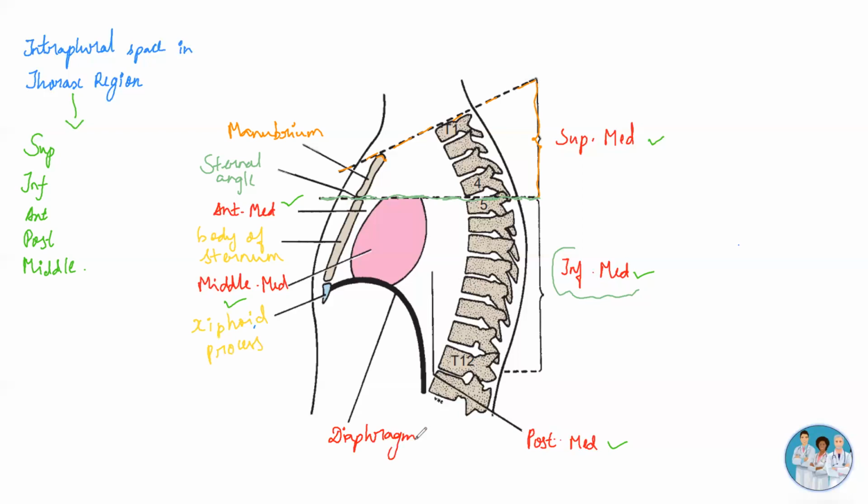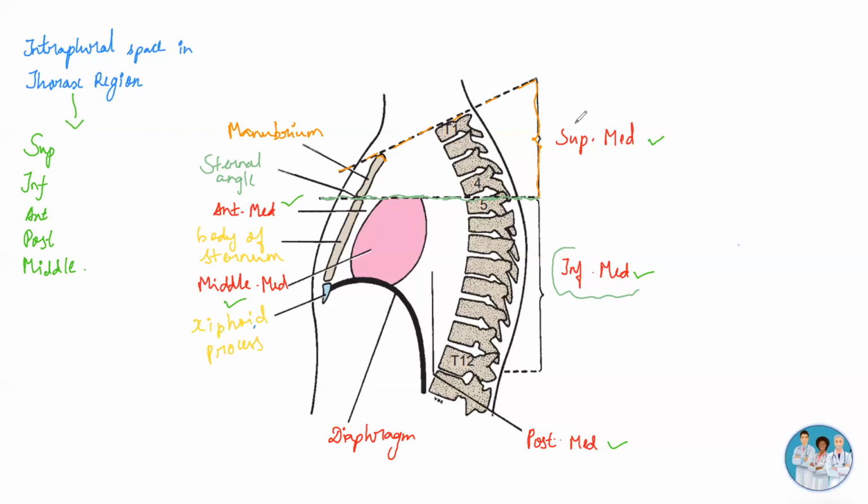So the manubrium makes the starting border of the superior mediastinum, and the sternal angle makes the end border, as it separates the superior and inferior mediastinum.